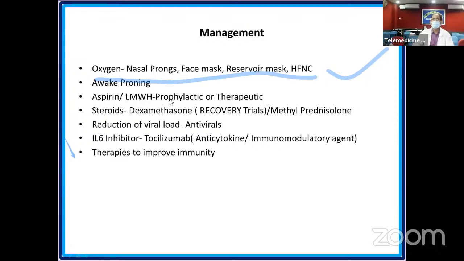Next comes the antithrombotic part by low molecular weight heparin or unfractionated heparin. Maybe aspirin you can add, in prophylactic and/or therapeutic doses. Then the 4th one is the timing of inflammation. If in moderate cases CRP is becoming high, more than 2 times normal on quantitative CRP, then think of steroids. These are wonder drugs, dexamethasone or methylprednisolone.